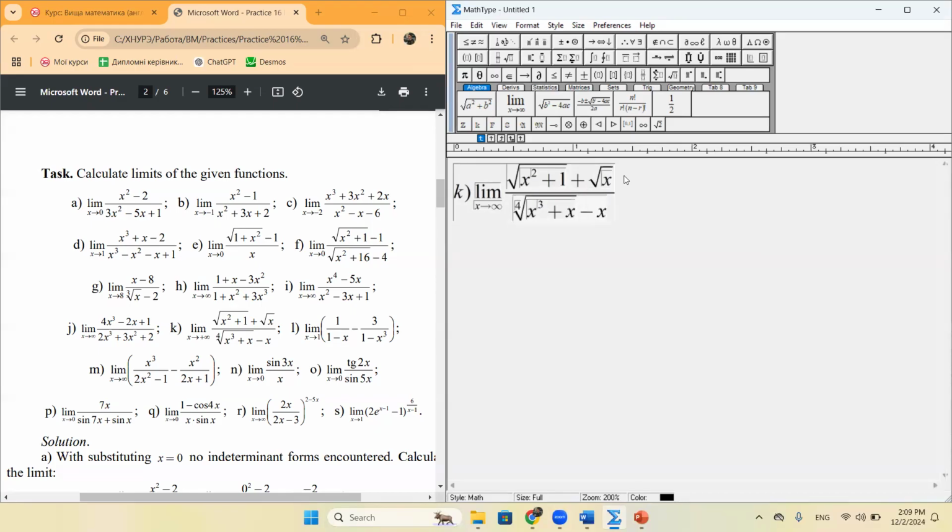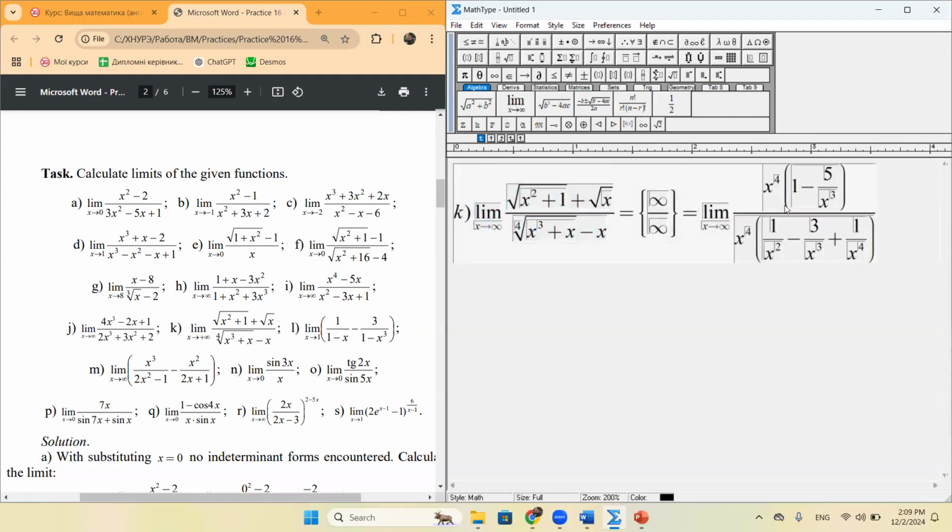Okay, so any ideas how to solve this exercise? Is it the same idea or not? Well, basically the idea is the same.